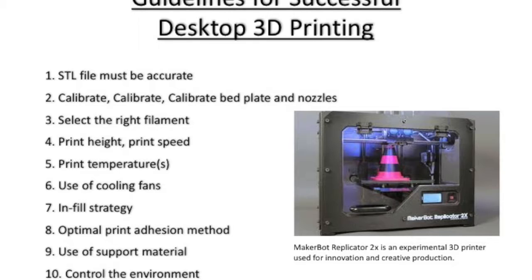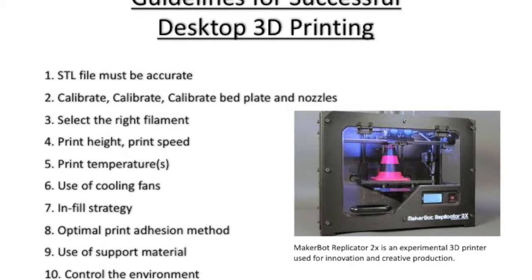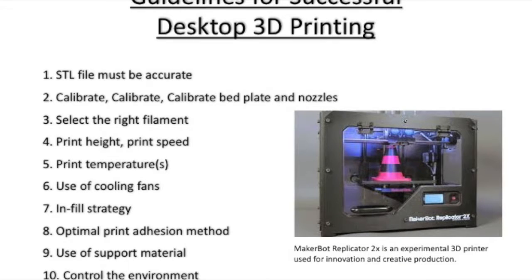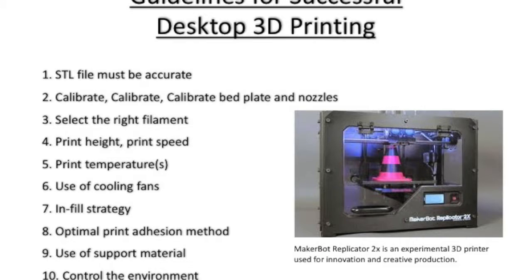As stated before, the MakerBot Replicator 2X 3D printer uses FDM technology, and it's an experimental 3D printer, which means it's ideal for creating innovative things, and there's a lot of wiggle room to play around with new types of prints. We can really push the limits using the MakerBot Replicator 2X.